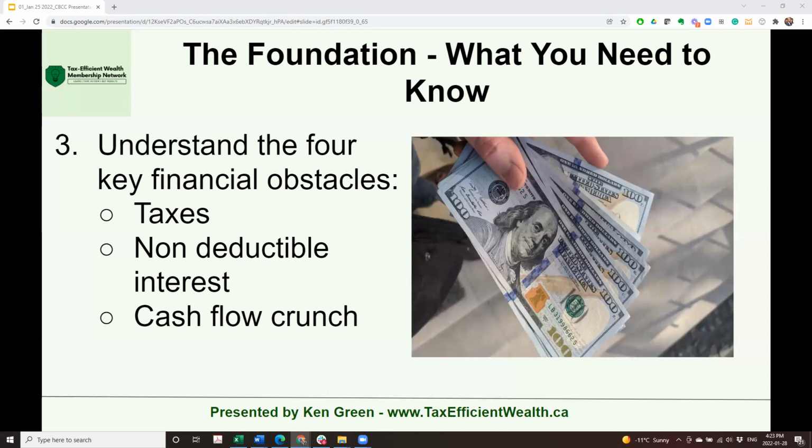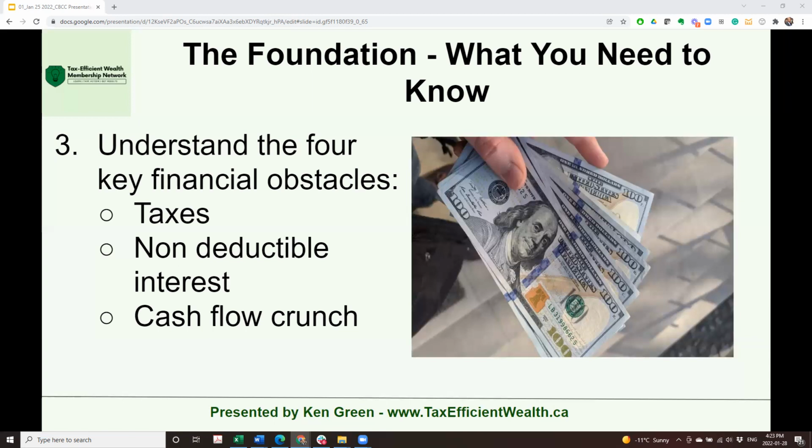Lifestyle inflation is a huge problem in this country because we end up spending all our money. And if you're spending all the extra money you're making, it's nearly impossible to save. If you can't save, you cannot invest. If you can't invest, there's really no way you can get ahead financially. And it's one reason why many Canadians live from paycheck to paycheck.